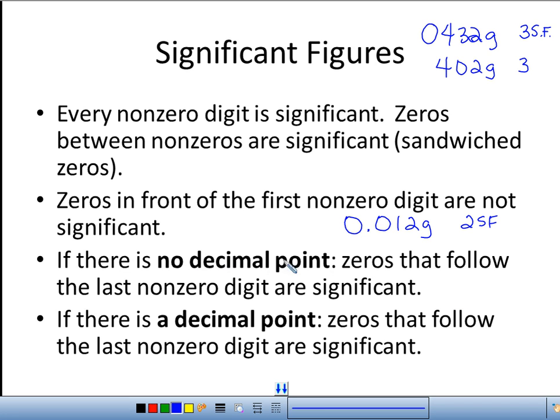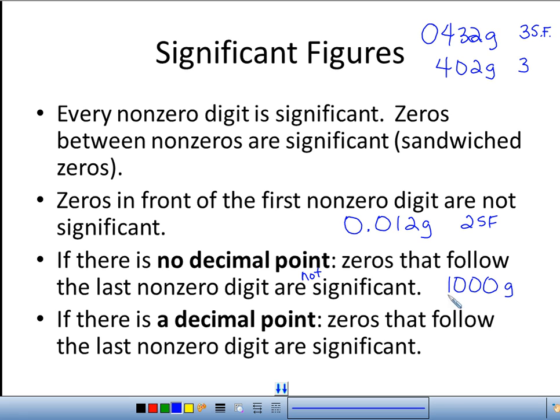If there's no decimal point, zeros that follow the last non-zero digit are not significant. I need to fix that on my PowerPoint. Are not significant. All right. So let's say this was your number, 1,000 grams.